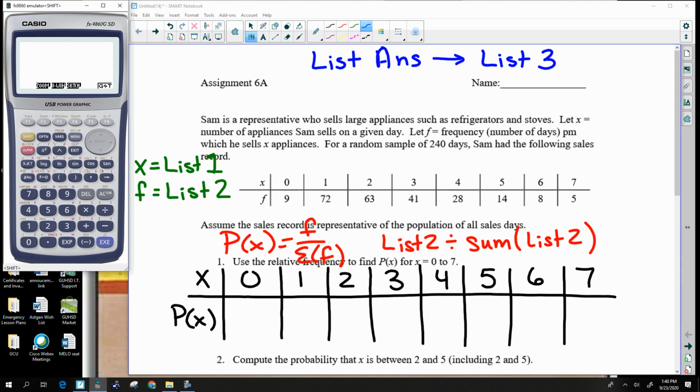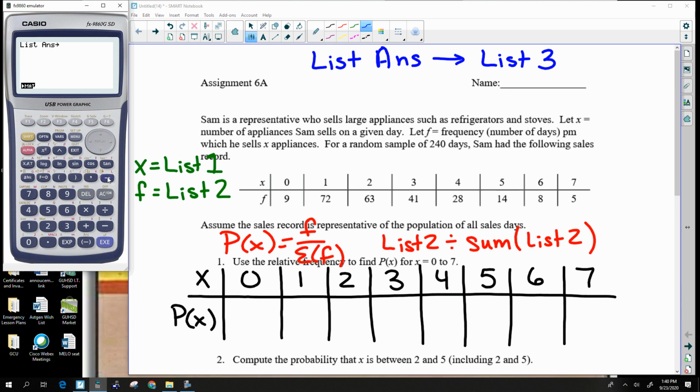I go shift, list answer. Again, that's the gold writing above the negative. So list answer, store. Okay, that's store, that arrow button, and that is right above the on button.